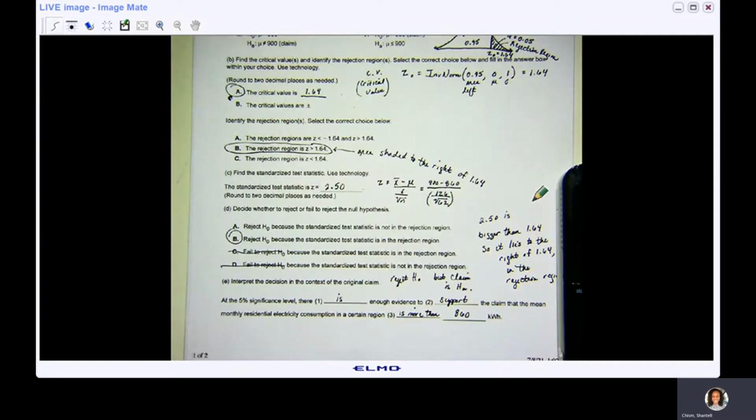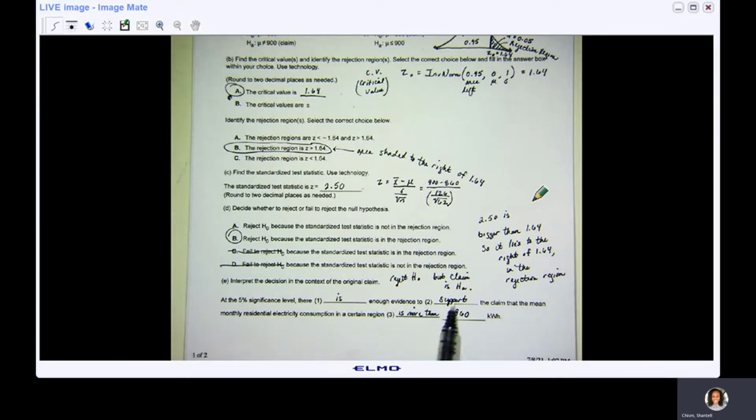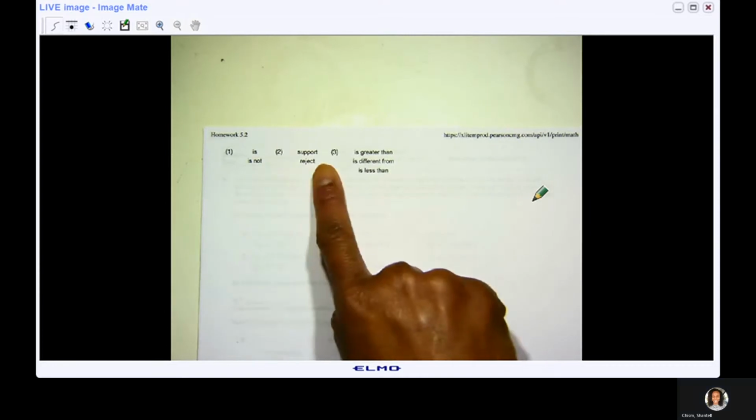So at the 5% significance level, there is enough evidence to support the claim that the mean monthly residential electricity consumption in a certain region is more than 860. Okay? Again, these are little drop-downs where you select is or is not here. Here you would select between support or reject, and then is more than, is less than, and so on, and then you type the number. And you can see the choices right here.